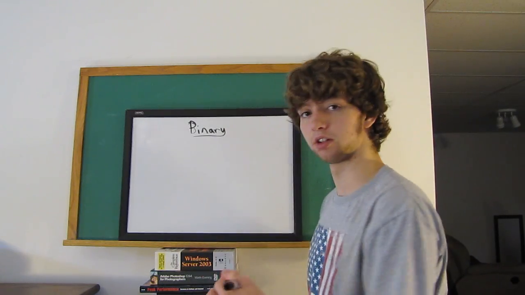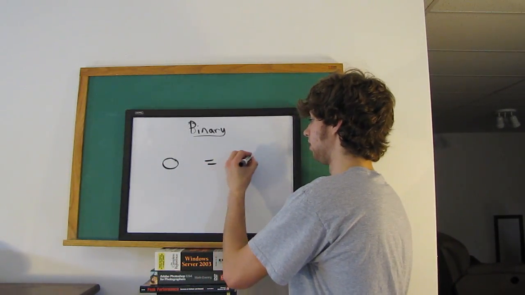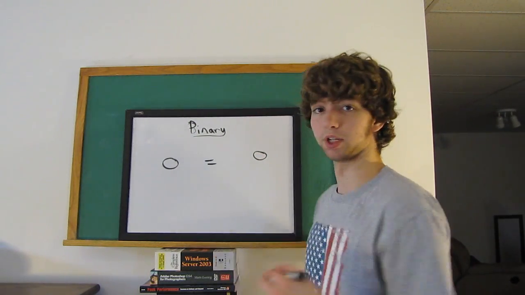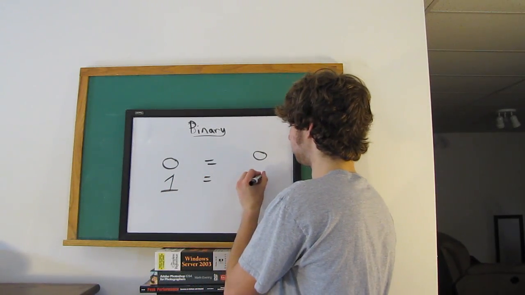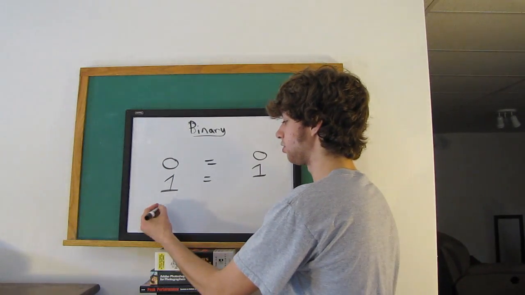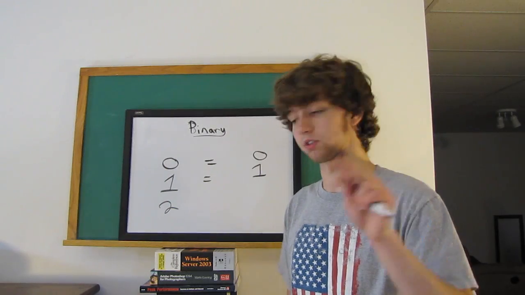So we could have 0, which is equal to 0 in decimal. So this is binary, this is decimal. We can also have 1, which is equal to 1 in decimal. Now we can't have 2, because if you remember, we only have two possibilities, 1 or 0.